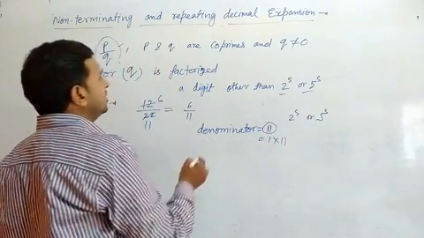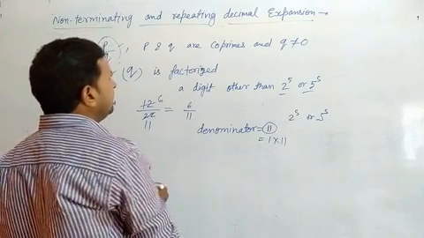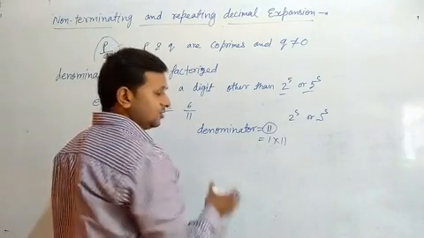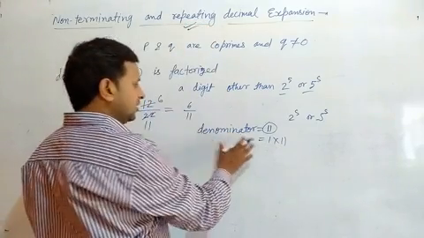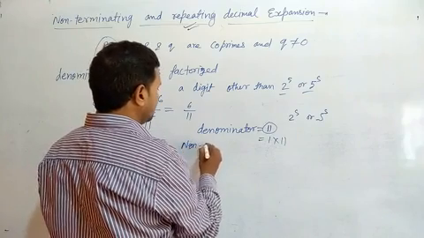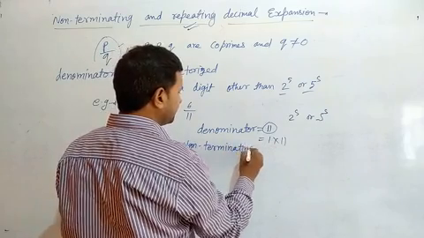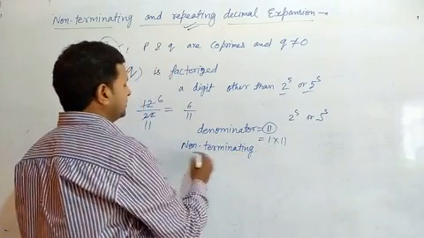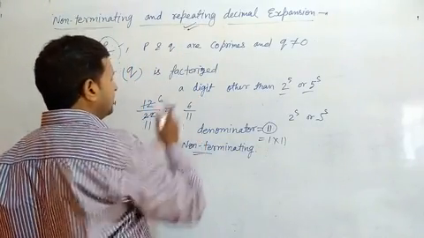So we can say that this is non-terminating expansion. But is it repeating or not repeating? It is clear that it is non-terminating, but whether it is repeating or not, we have to check by dividing.